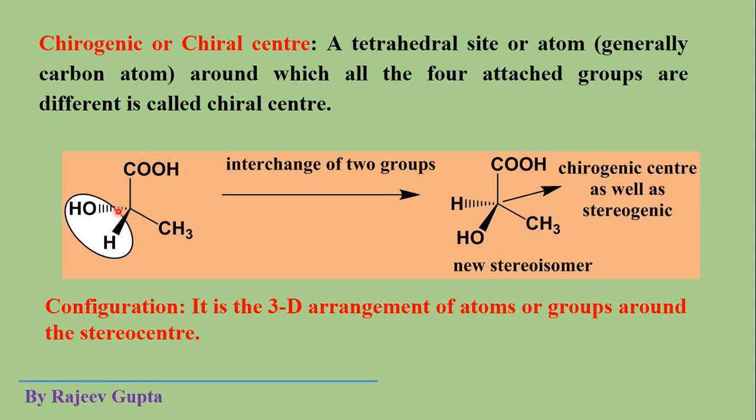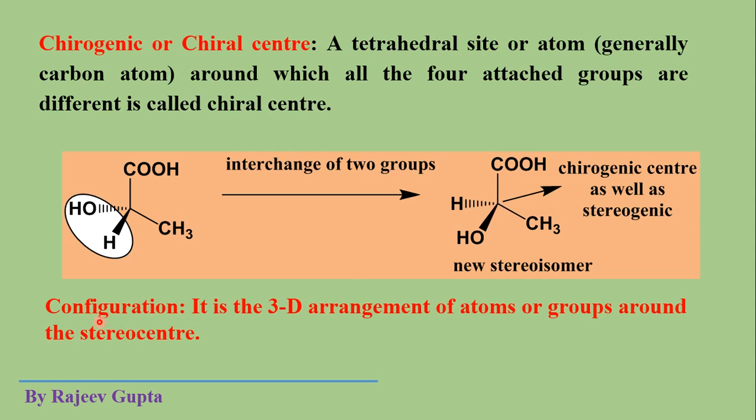So it is clear that this carbon atom is chiral, because it creates a new stereoisomer, because these both are not superimposable on each other. So a new stereoisomer is generated due to interchange of any two groups. So this is called a chiral center, which should be a tetrahedral carbon.